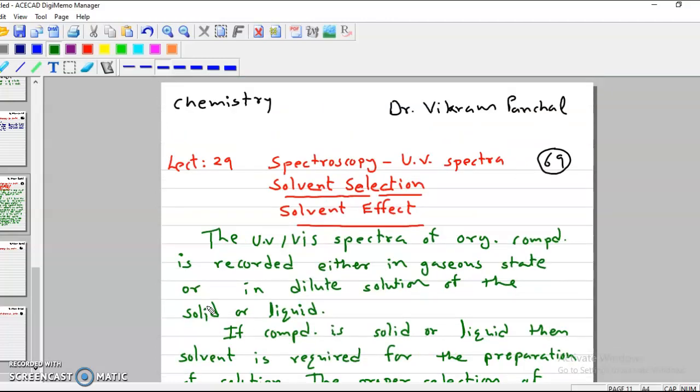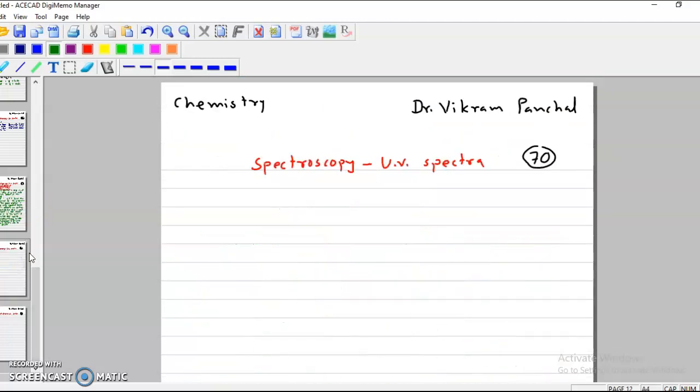So mostly we select those solvents which are transparent, or do not give n to pi star or pi to pi star transitions, or cannot absorb radiations of 200 nanometer or above.